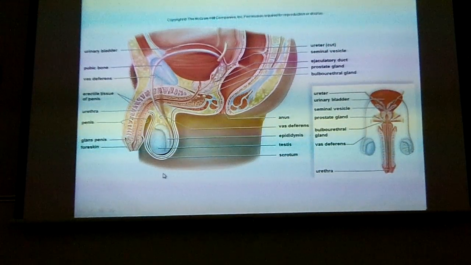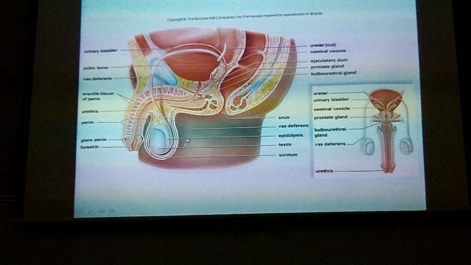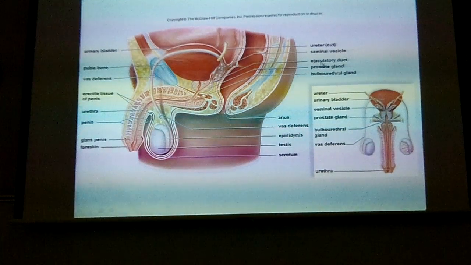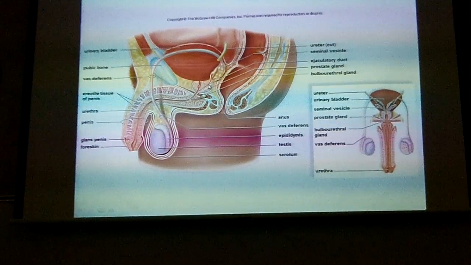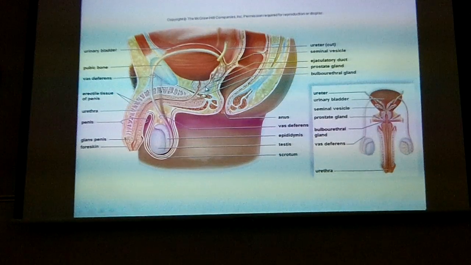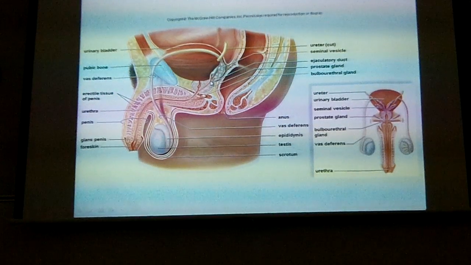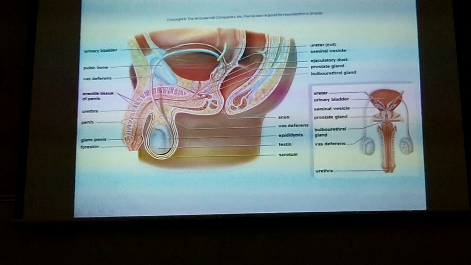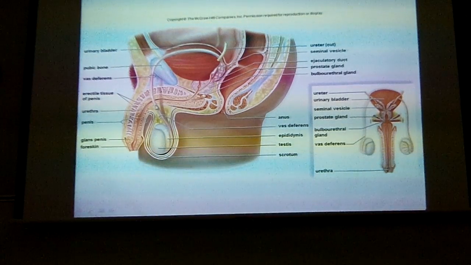So it goes through both the duct and the tube. Yeah, it's going through this hole. Exactly.